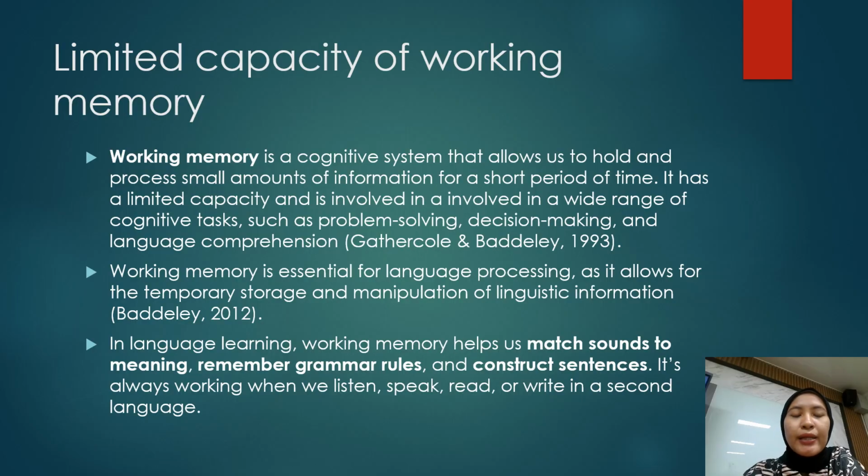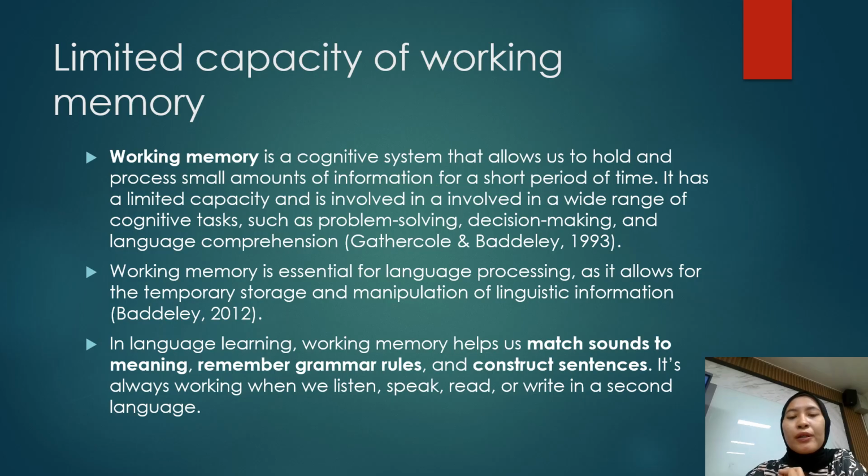Okay, so next is about the limited capacity of working memory. So working memory is the memory system in our brain that allows us to process a small amount of information for a short period of time. So this memory system is very important in our everyday life.